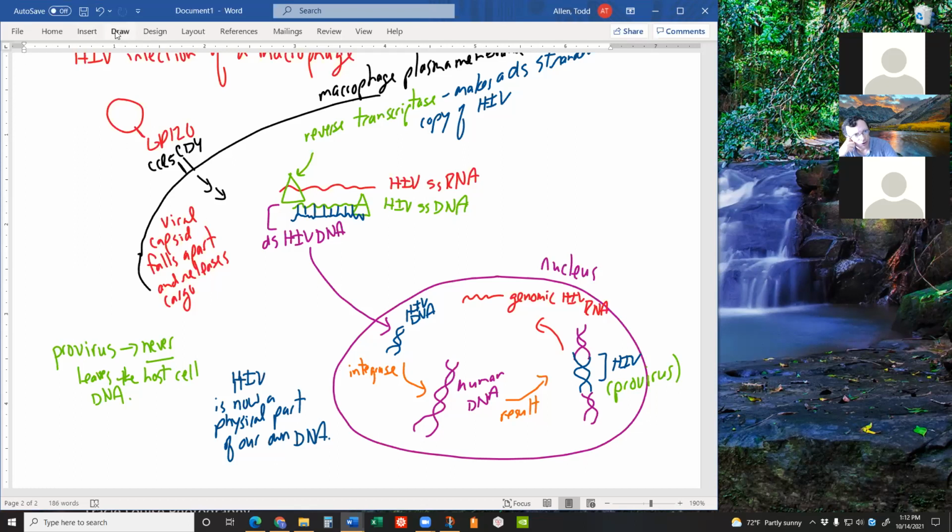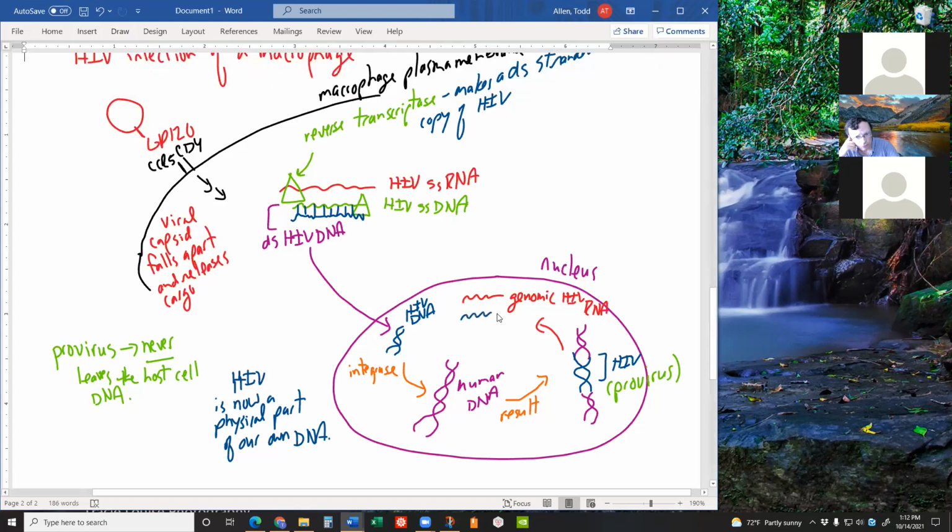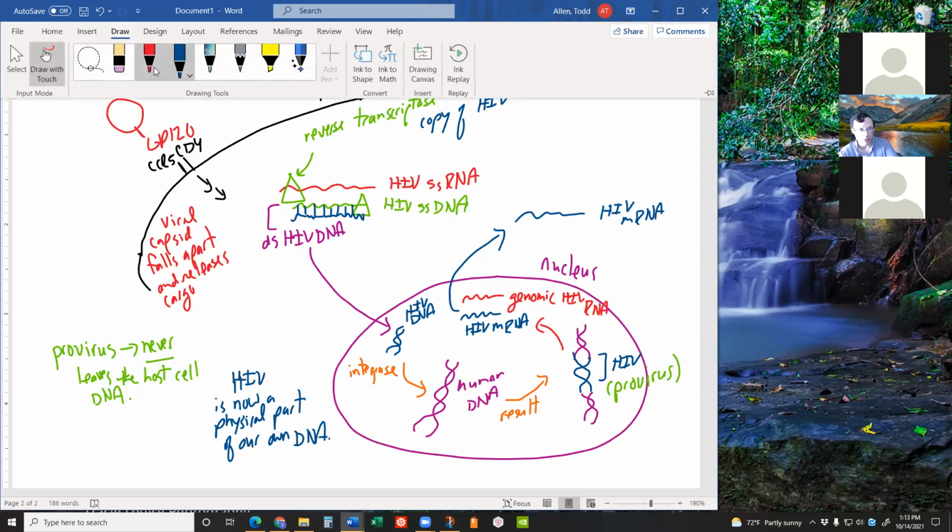And at the same time, you're also going to get transcription of the other side of the DNA helix of the provirus, so that you're going to get HIV messenger RNA made. And that messenger RNA can be, you guessed it, exported from the cell, where it will be translated by host cell ribosomes to manufacture new proteins, new enzymes that new HIV particles are going to need when they assemble together.